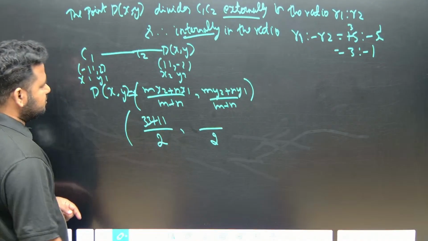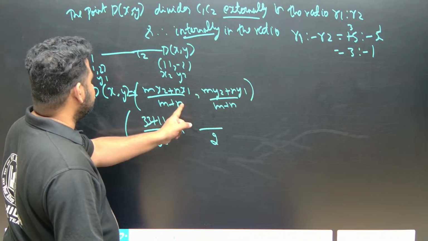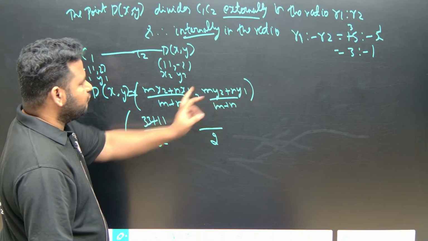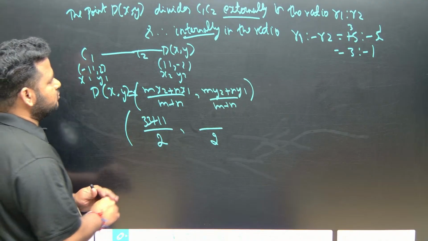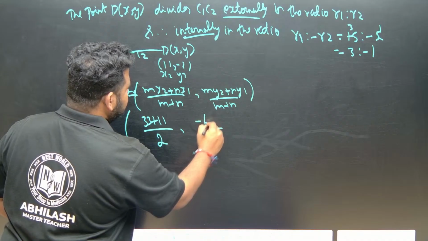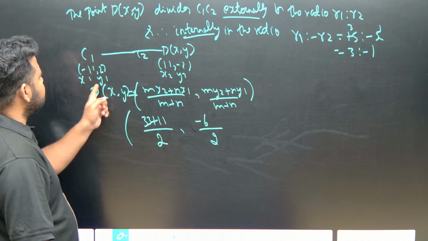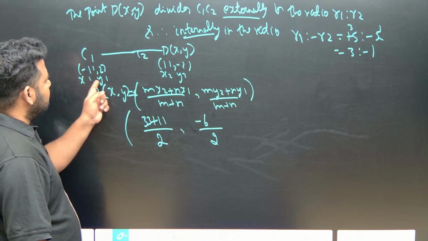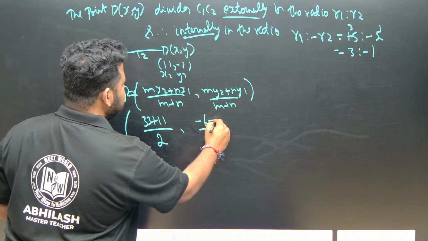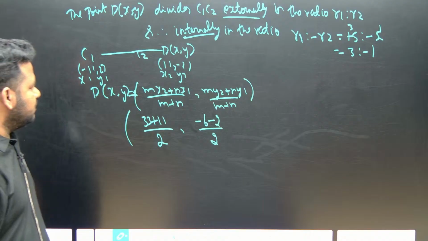Next, m into y2 is 3 into minus 2, which is minus 6. And n into y1 is minus 1 into 2, which is minus 2.